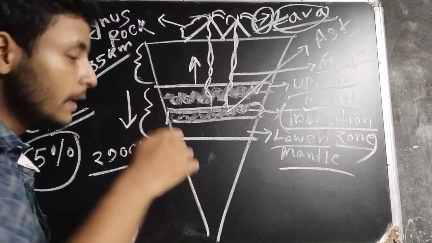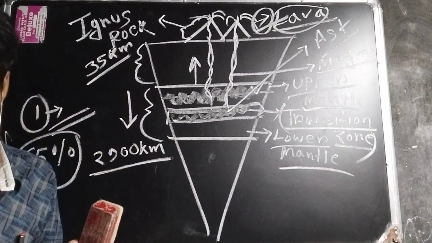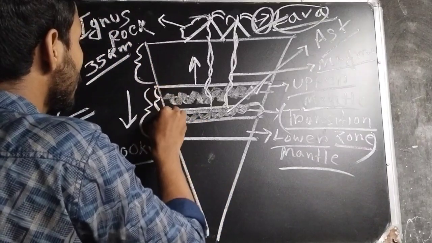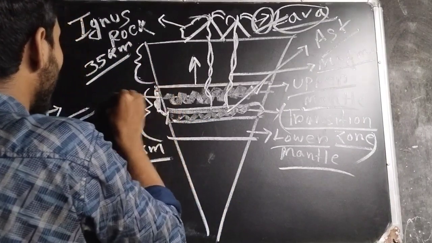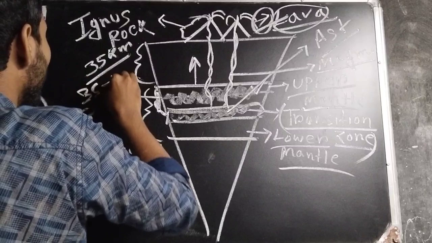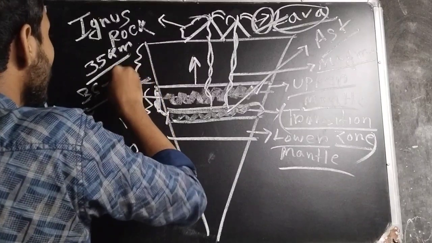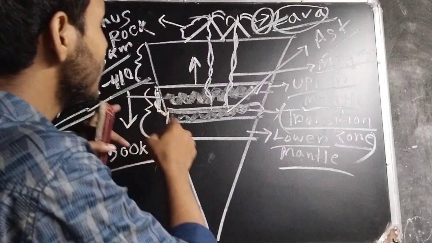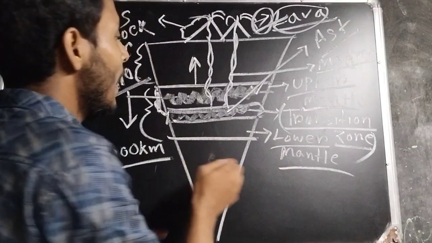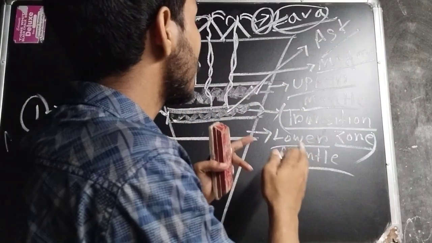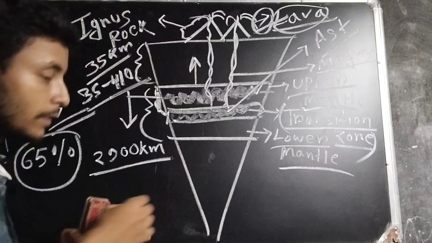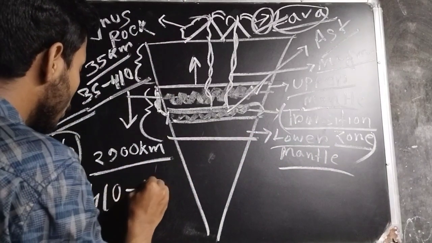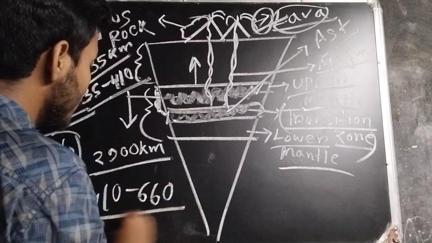The upper mantle is from 35 to 410 kilometers. The middle portion, the transition zone, is from 410 to 660 kilometers.